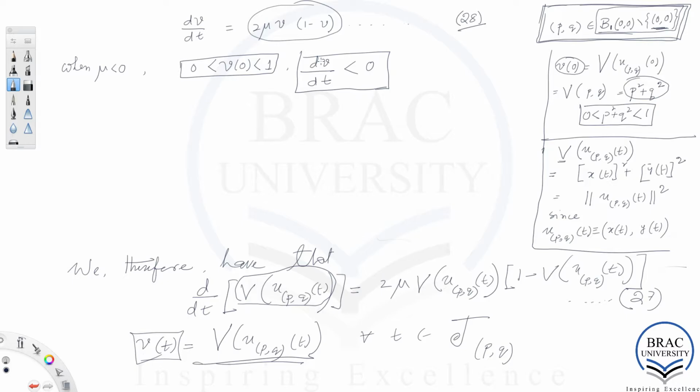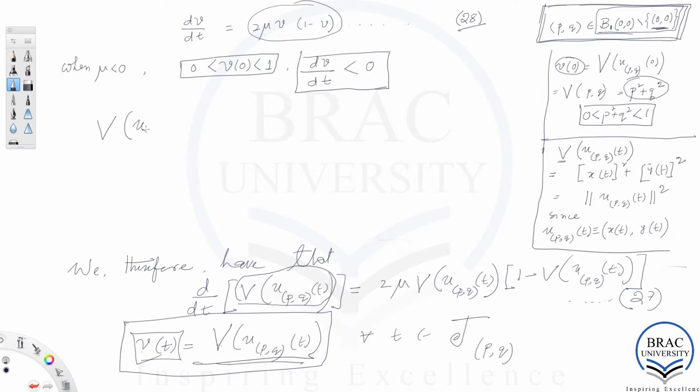Okay. So remember that we have written small v as a composition of these two functions, big V and small u. Since small v is strictly decreasing with time, so is big V composed with this function u. So that's what I'm writing here.